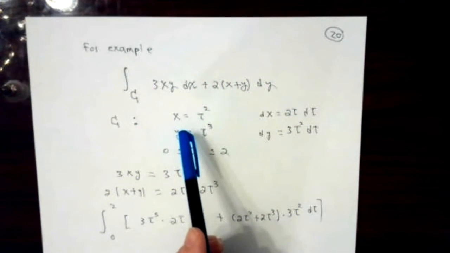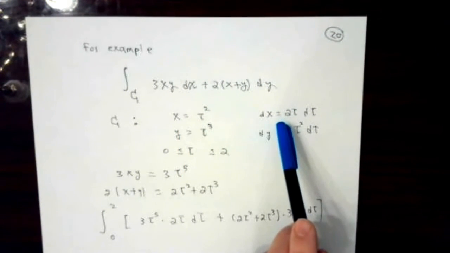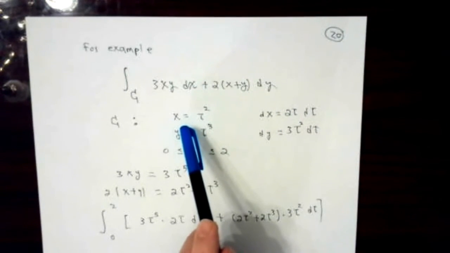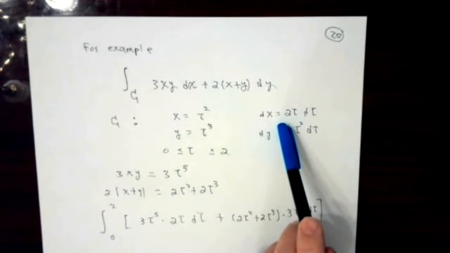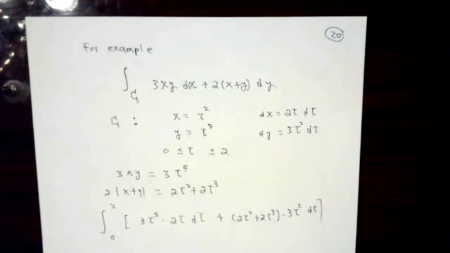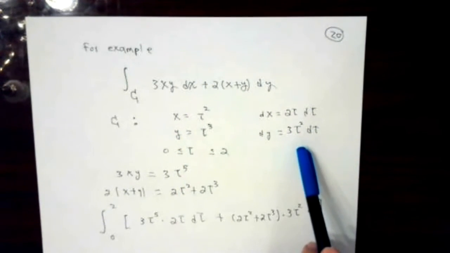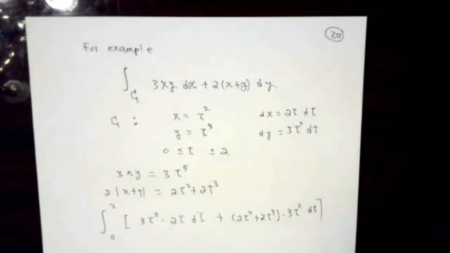The derivative of x with respect to t is 2t. dx then will be 2t dt. The derivative of y with respect to t is 3t squared, so dy will be 3t squared dt.